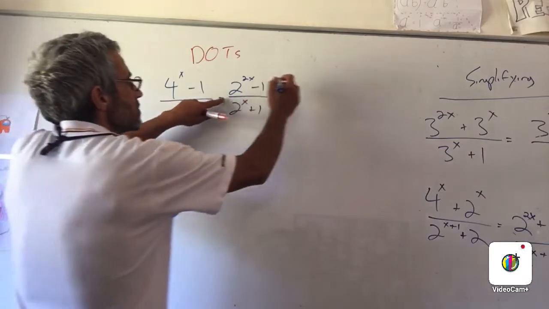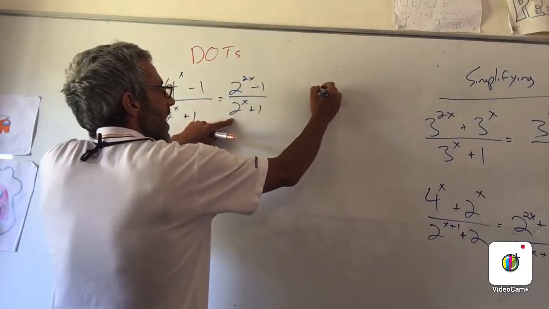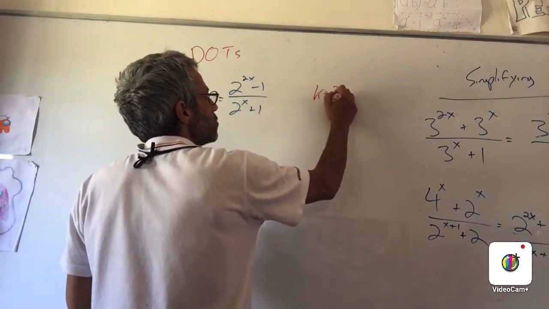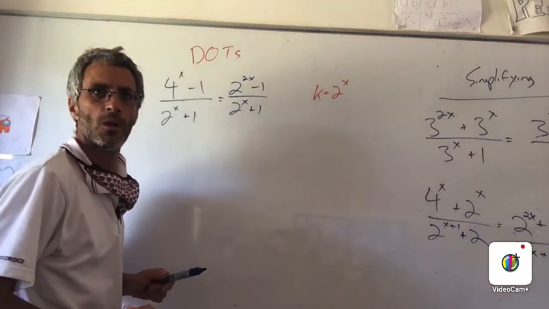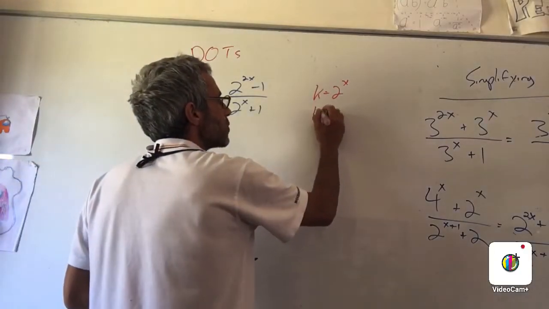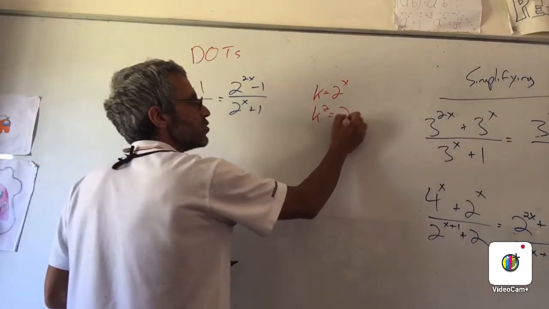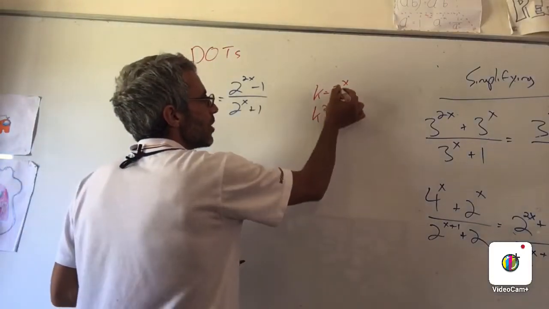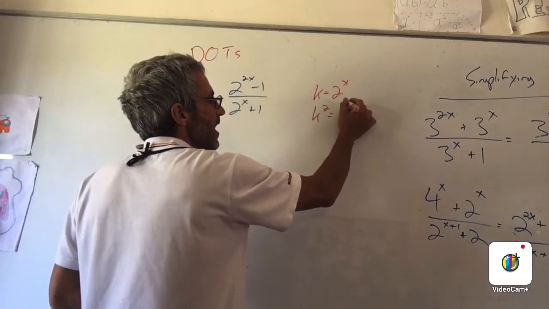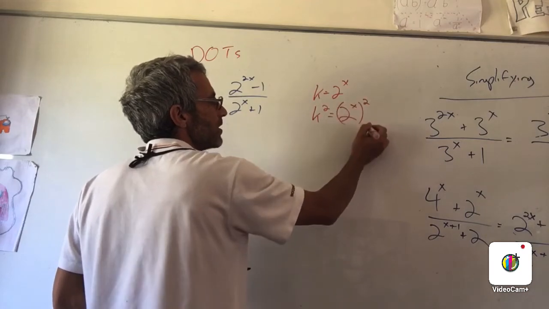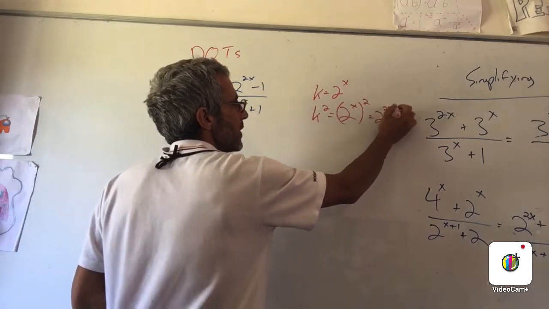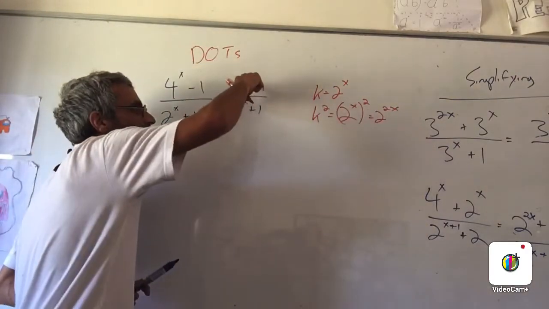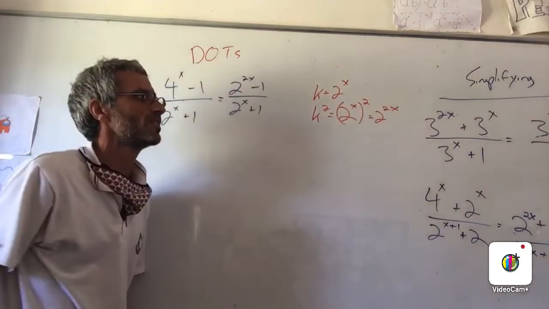So I'll write it down in red. K is going to be equal to 2 to the power of x. What is K squared going to be? 2 to the power of 2x. Because if K is 2 to the power of x, K squared is 2 to the power of x squared, which is basically 2 to the power of 2x. So if you understand the exponent rule, you need to realize that this thing is a square of something.